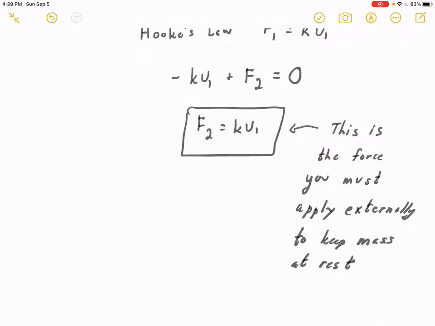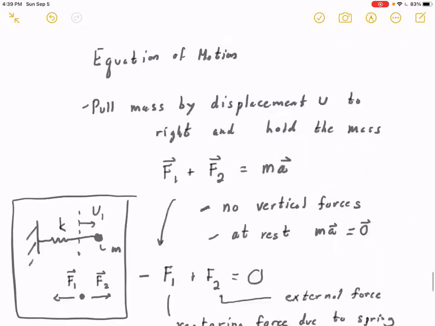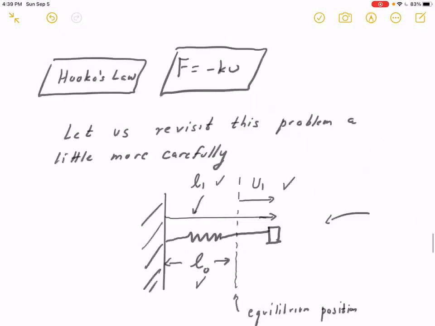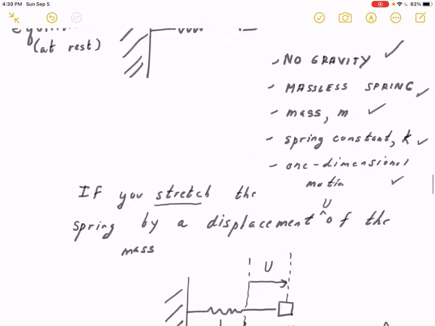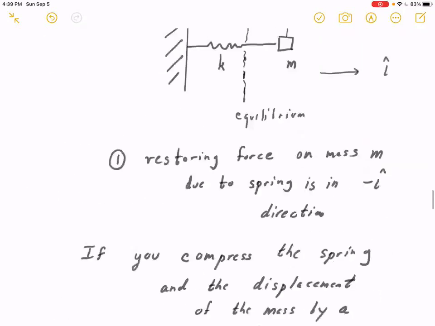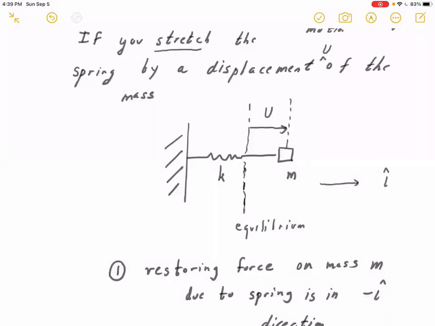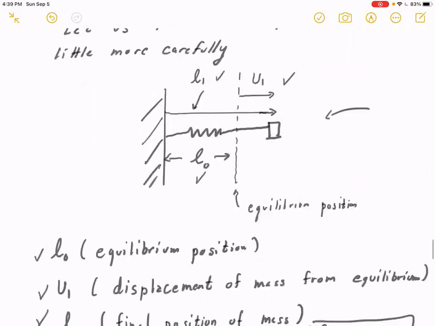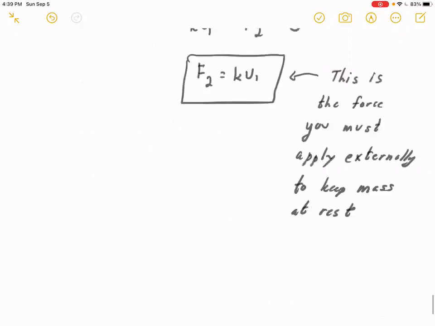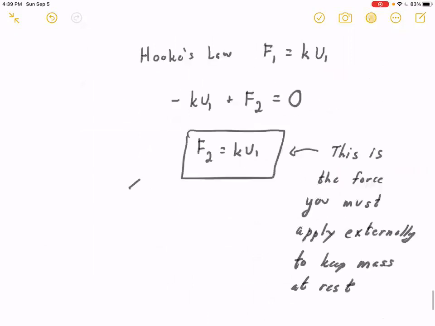In other words, this is the force that you have to apply to fight the restoring force due to the spring. Okay? So again, in this particular case, case 2, I've taken my mass and spring, and I've moved the mass to the right by some displacement U, and I hold it there. And in order to hold it there, I need to apply a force. This is exactly the force I need to apply.